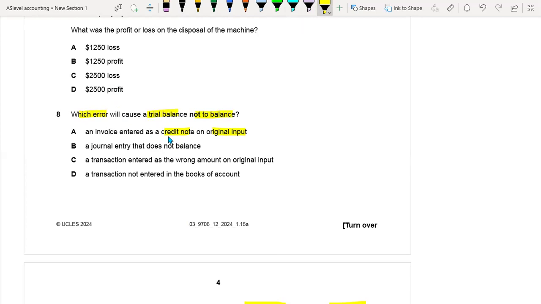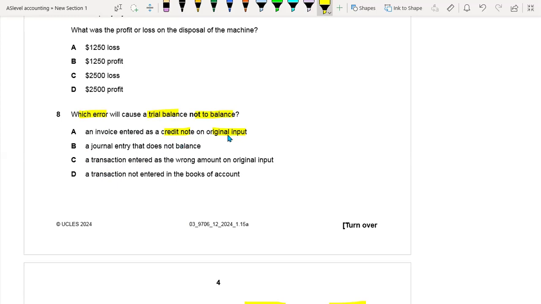So which error will cause a trial balance not to balance? Okay, so for the first one, that invoice entered as a credit note on the original amount.